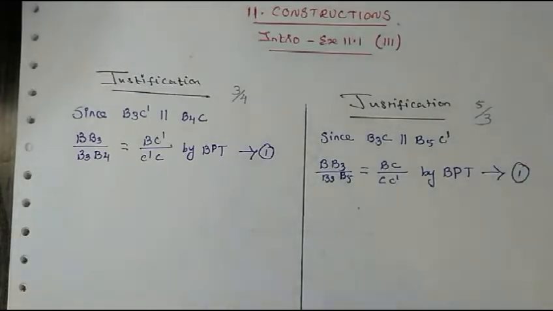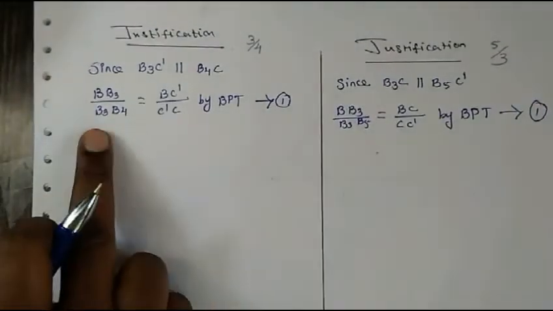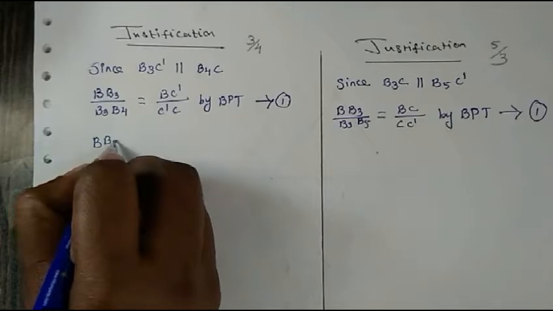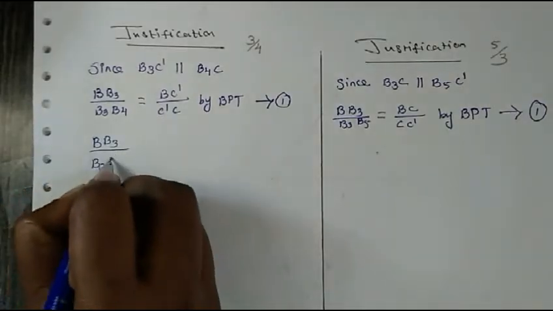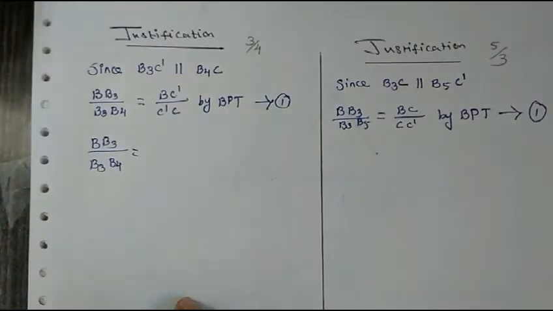So we consider this equation 1. Now this is B B3 upon B3 B4. Actually what is it?